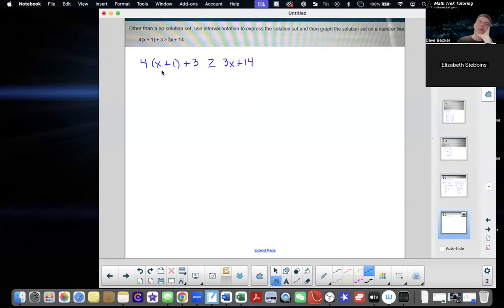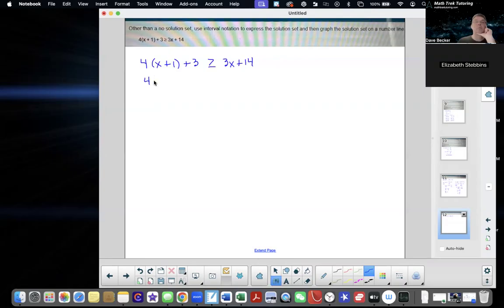If it's just plain old x's, then we solve them the same way we do other equations, with one exception. And that is if we have to multiply or divide both sides by a negative number. When that happens, we have to flip the inequality. Now this one, that's not going to happen.